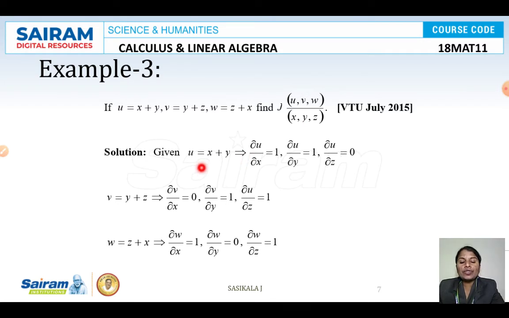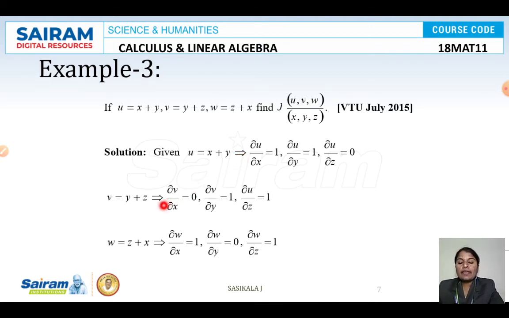u is given as x plus y. So as per the formula, u function with respect to x, y, z, v function with respect to x, y, z and w function with respect to x, y, z. So we have to do u with respect to x, which will be 1. With respect to y also 1. But with respect to z, it will be 0 because there is no z term.